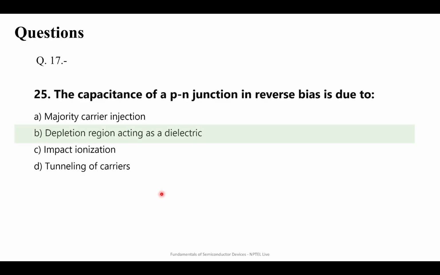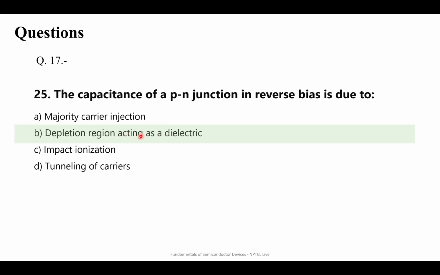That is correct. The answer to this would be depletion region acting as a dielectric. So the majority current injection is basically what happens in forward bias condition. Impact ionization and tunneling of carriers are breakdown processes, avalanche and Zener, as we just studied.